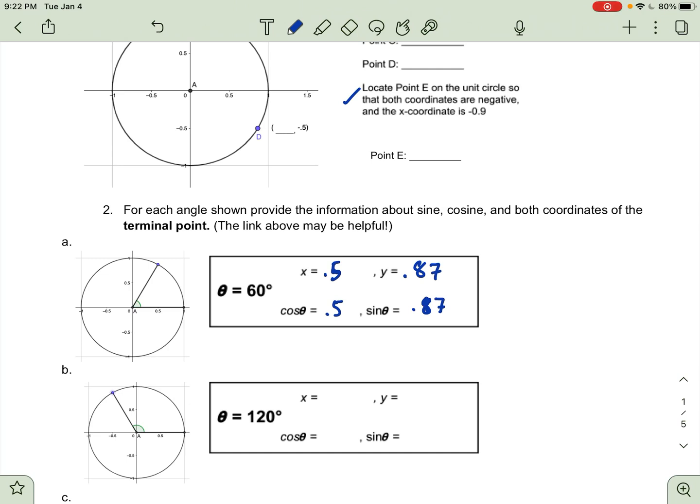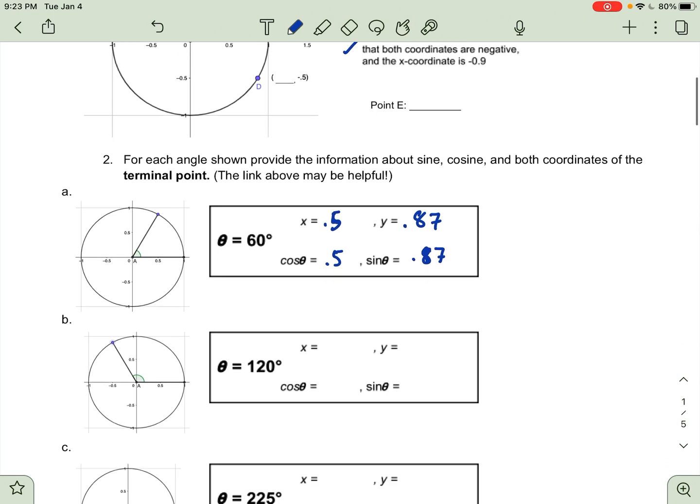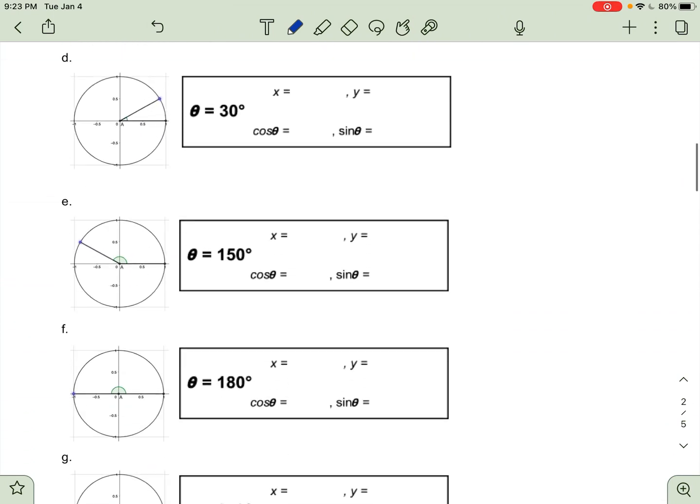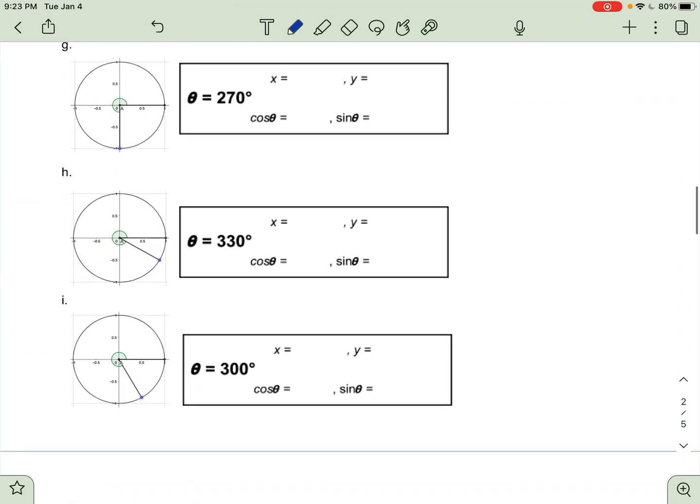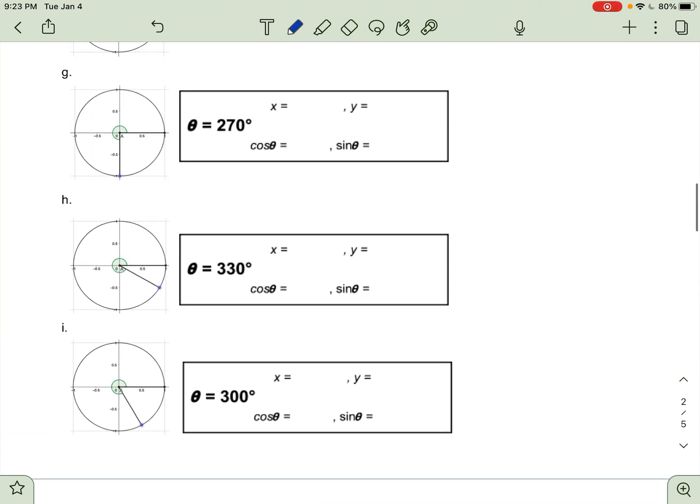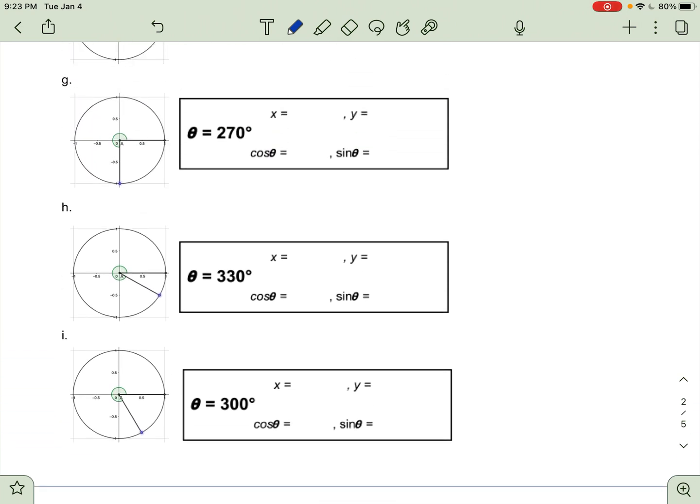Okay, so that was cool. That's what you'll do on the rest of these, and you will definitely see some patterns. But part of this assignment's goal is to make you as familiar as possible with all the different little parts of this thing we're calling the unit circle. So it is definitely repetitive in what I'm asking you to do here at the first part and in other parts too.